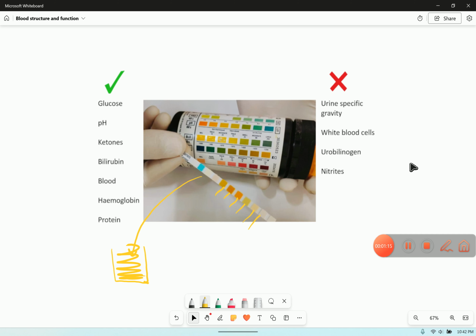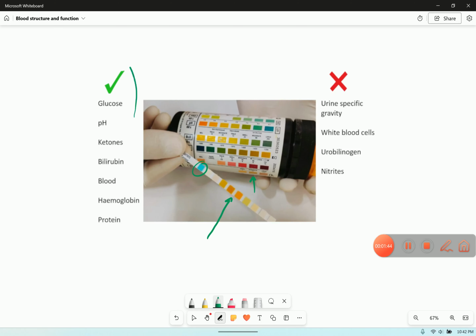Okay, it takes about a minute to acclimate, and then you put the chem strip up against the colors on your bottle there, and then that will give you your reading. Okay, so it's pretty easy. You just match the color with the color on your legend there.